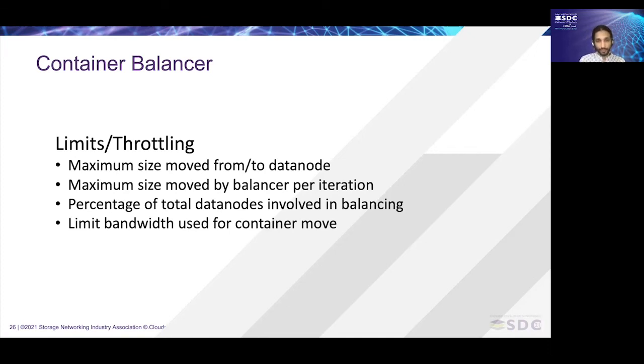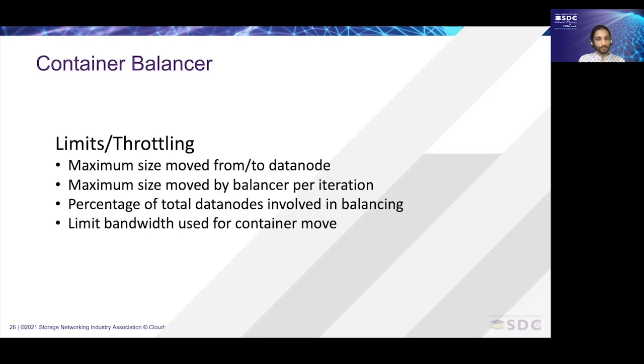This configuration is per iteration. Again, there is a configuration to limit the maximum size moved by balancer per iteration. And then there's also a configuration to limit the percentage of total data nodes involved in balancing. So a user can say that he or she wants only 30% of the total data nodes to be involved in balancing.